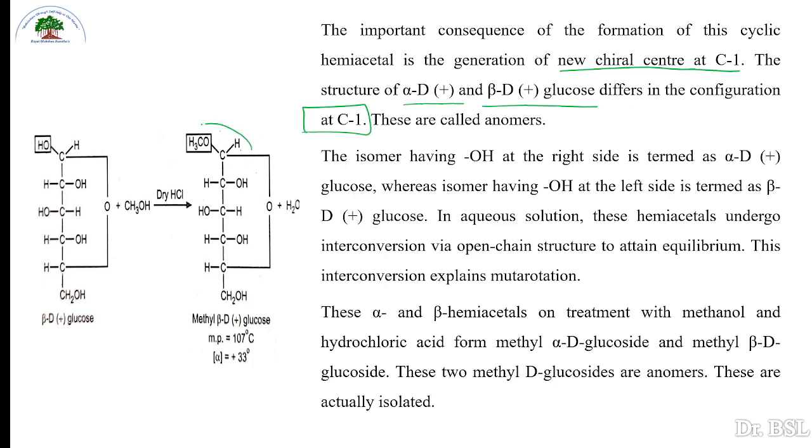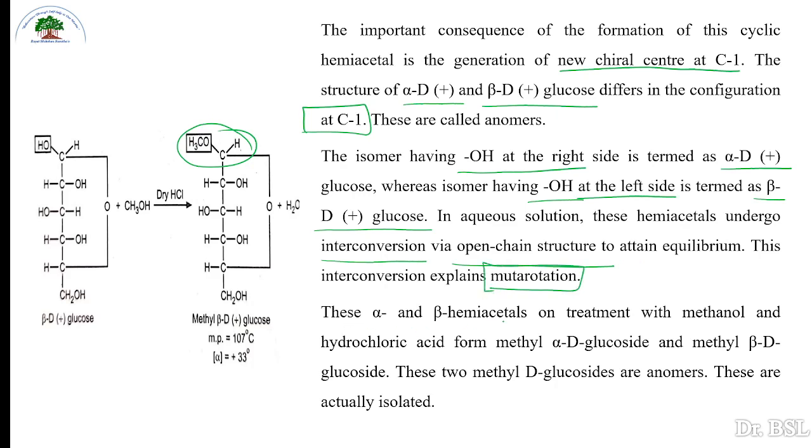The isomer having OH at the right side is termed alpha-D-(+)-glucose, and the isomer which has OH at the left side is termed beta-D-(+)-glucose. In aqueous solution, these hemiacetals undergo interconversion via the open chain structure to attain equilibrium, and this is known as mutarotation.